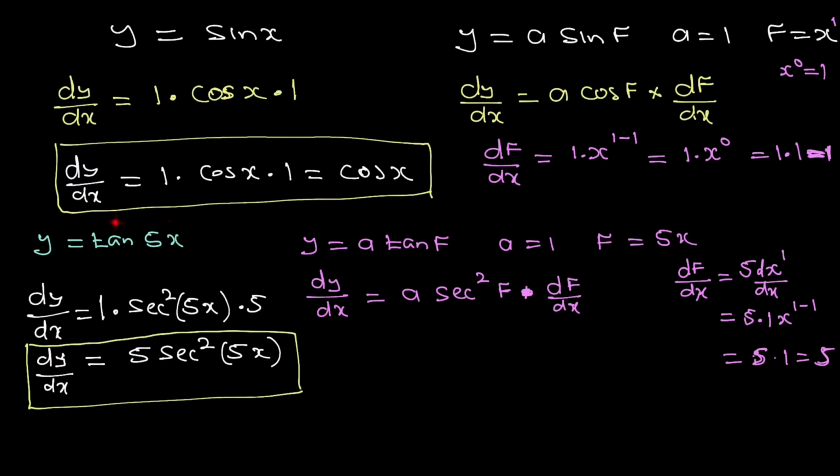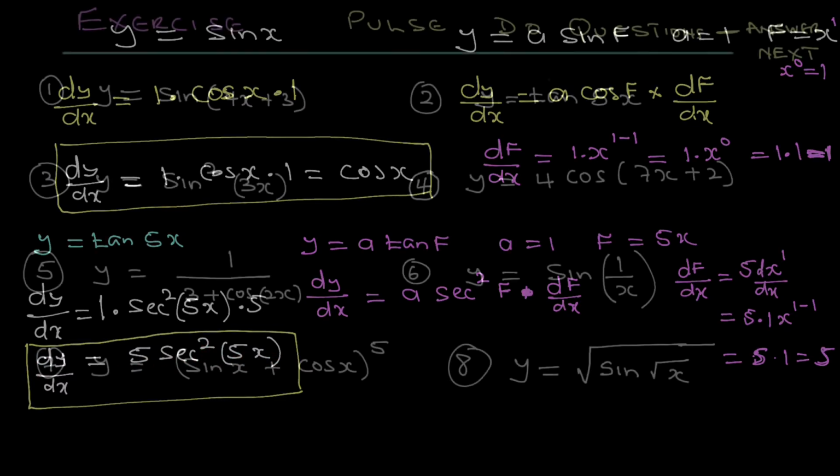So we differentiate tan 5x, which is sec squared 5x, and we then multiply it by the differential of 5x, which is 5. So dy/dx is 5 sec squared 5x.